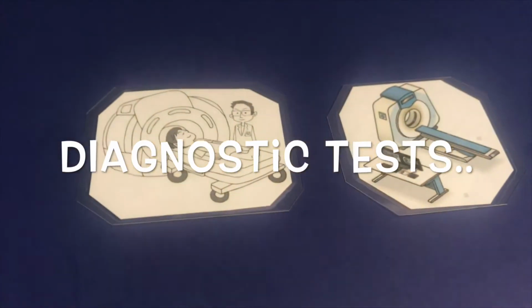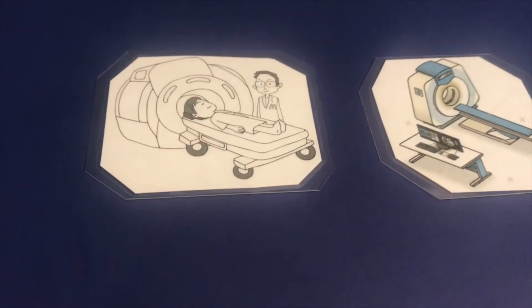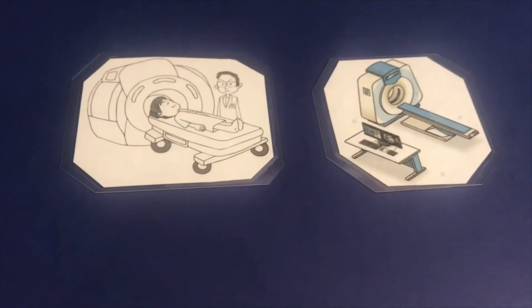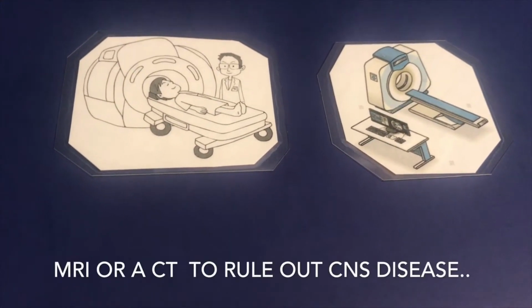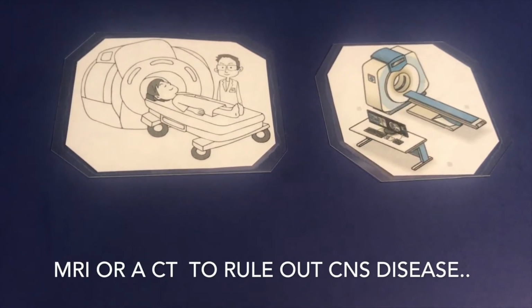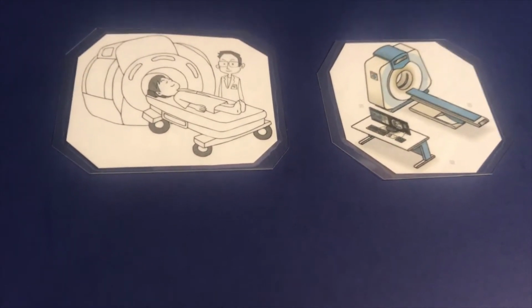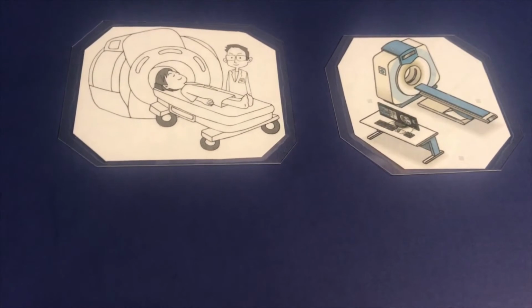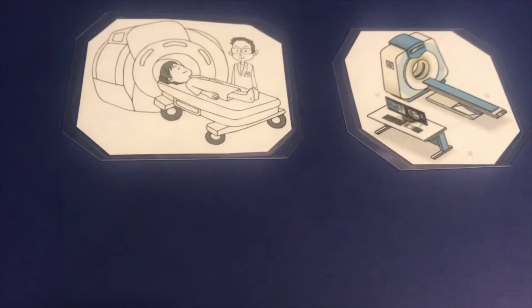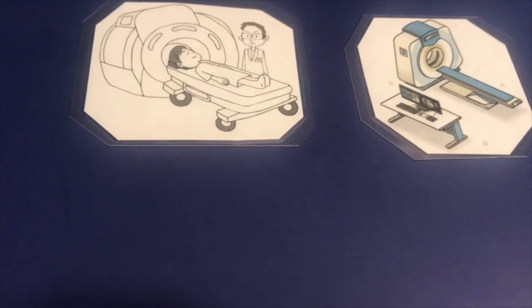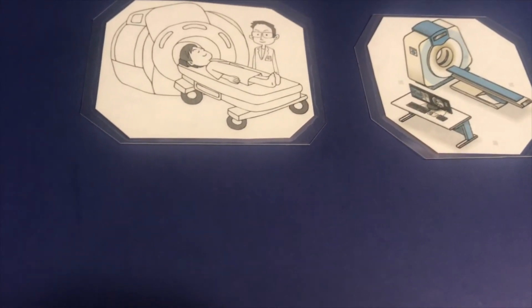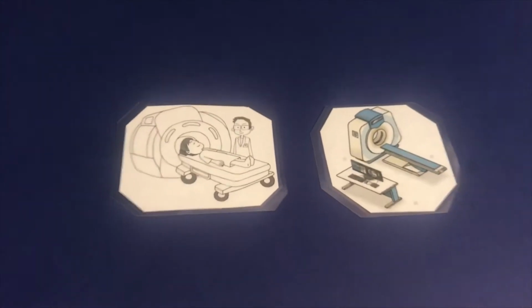To confirm diagnosis, 2 or more episodes must be documented. Diagnostic tests such as MRI or CT are often ordered to rule out a central nervous system disease. Also, an audiogram demonstrates mild low-frequency sensorineural hearing loss. Tuning fork tests show a sensorineural deficit, and vestibular testing shows lack of balance.